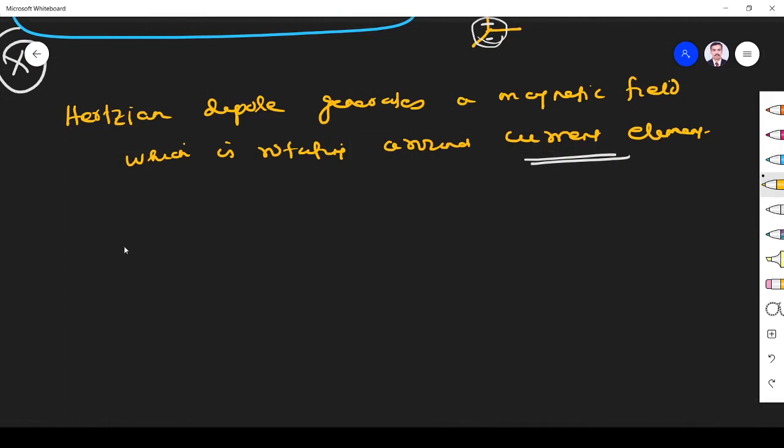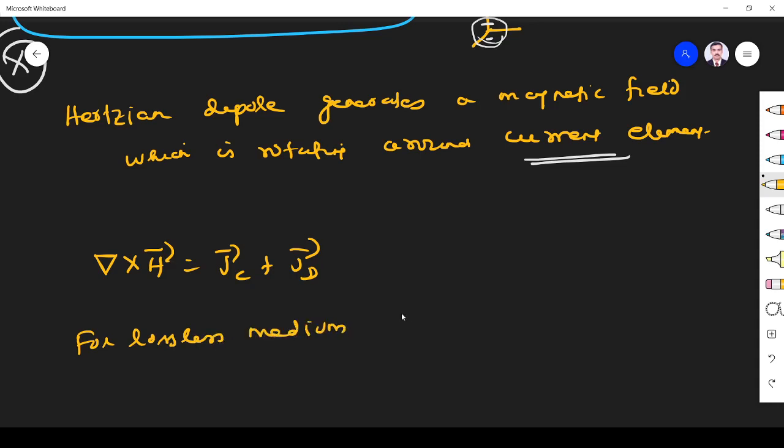Next, we got H. Then we know how to find E, because the electric field we have to find; the magnetic field we found. We know that del cross H is equal to JC plus JD. We consider the medium to be lossless, so sigma is equal to 0. This implies JC, which is sigma E, is equal to 0, so this will be cancelled.